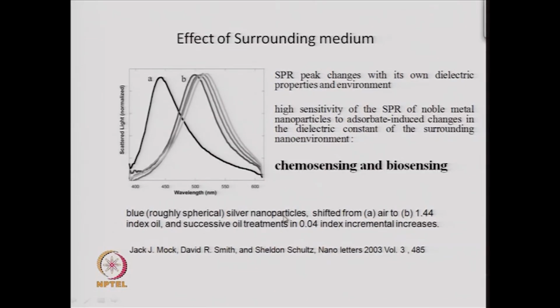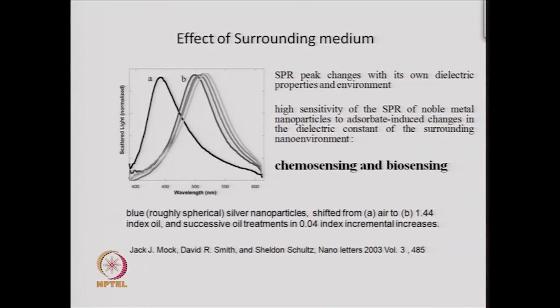Now, suppose they were in air. If you remove the air and add some other liquid which has a refractive index of say 1.44, then you get the plot B. From A, which has a maxima at 440 nanometers, you now get B, which has a maxima around 500 nanometers.